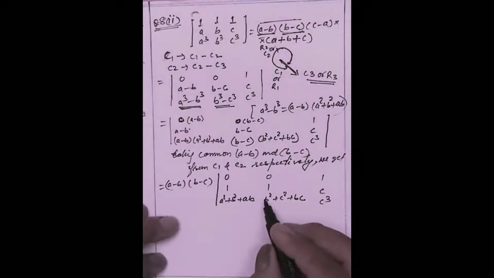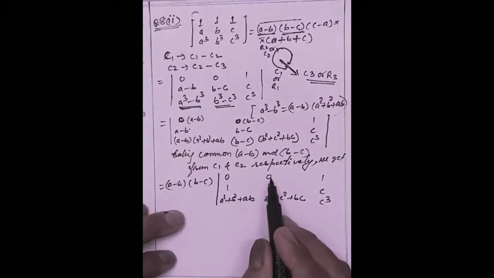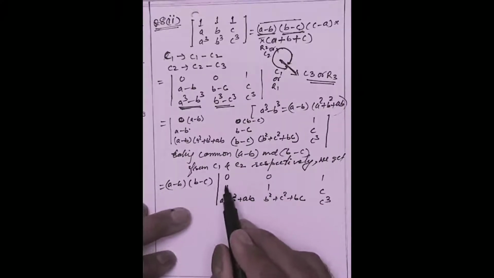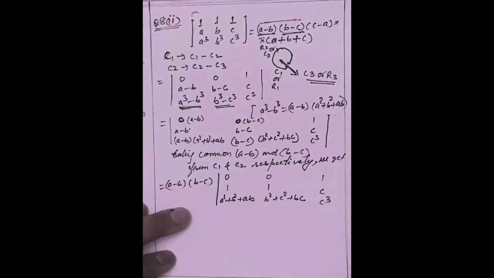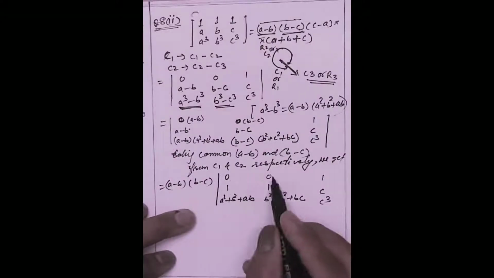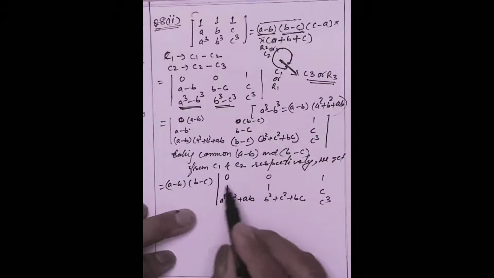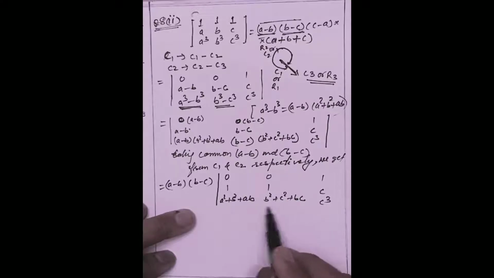One more operation we can give here, that this C1 will change with the help of C1 minus C2. There is no limitation of giving operations. You can give as many as you want. So 0 minus 0, 1 minus 1 will bring here 0, and these two, A square plus B square plus AB minus B square minus C square minus BC.